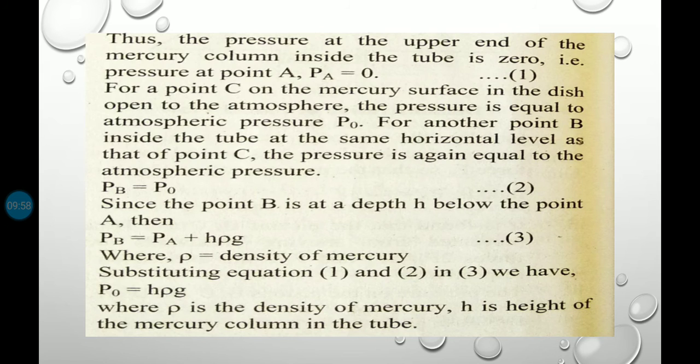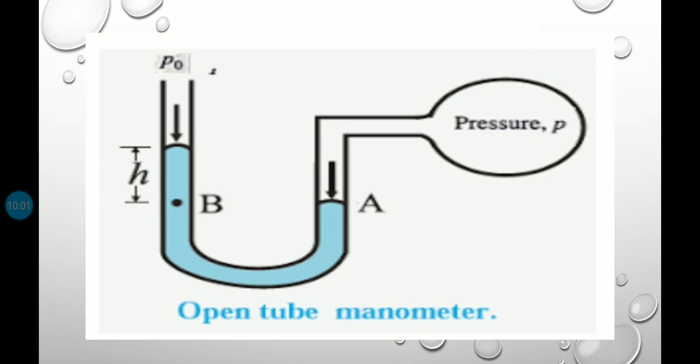Okay, then the next topic we have to discuss: write a short note on open tube manometer, or explain the construction and working of an open tube manometer. This is an open tube manometer. An open tube manometer is a simple device to measure the pressure difference.